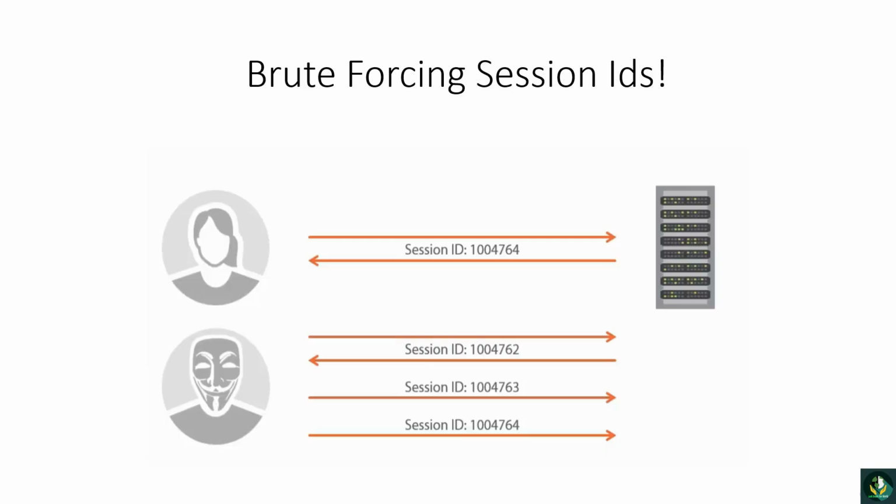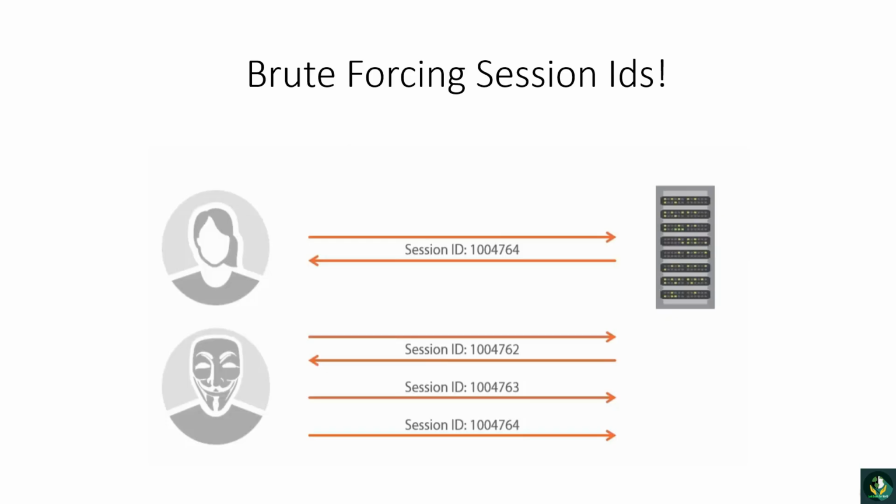So here's what happened. In the very simple case we have a victim and an app talking back and forth with a particular session ID, and then an attacker comes along and is effectively just asking the server, does the session ID ending with 762 exist?